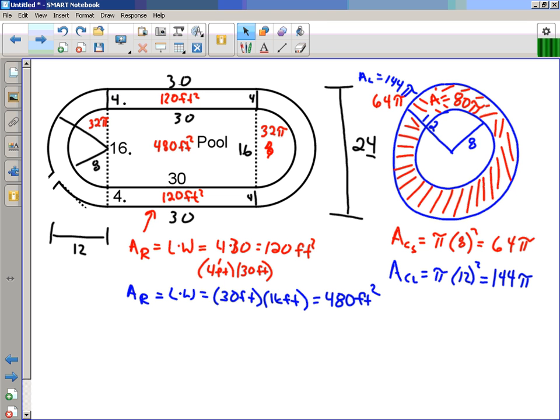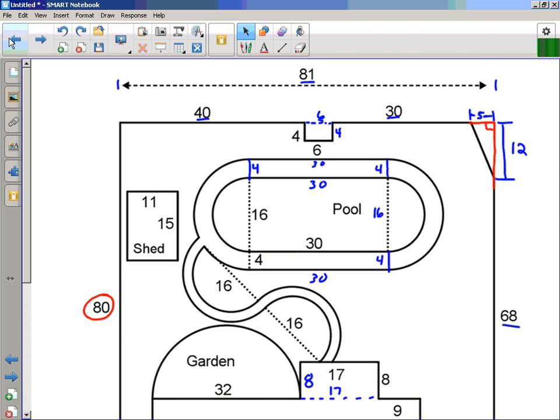So let's go back and put all this stuff in. So I've got 120, 480, 120, 32, 32, and 80 pi. And I'm going to erase some of this as I go.